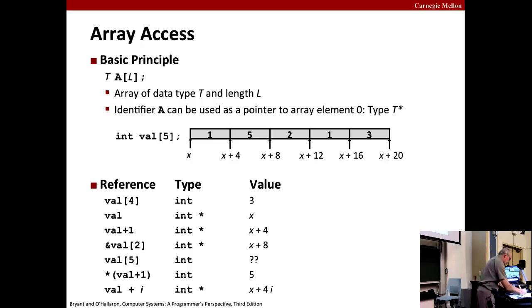In general, something like IP plus X is really equivalent to IP plus 4X. So this is the notation.